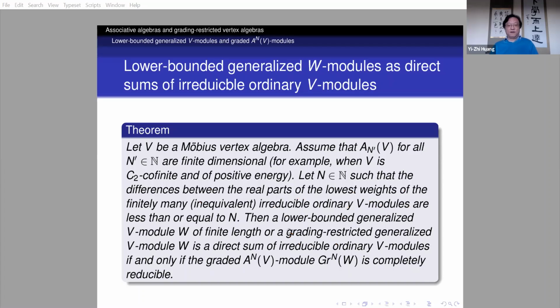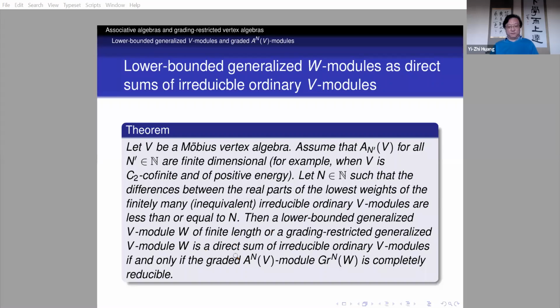Then a lower bounded generalized V-module of finite length, or you just have a grading restricted generalized V-module without the finite length condition, these are actually equivalent. I think I proved it in one of my papers.